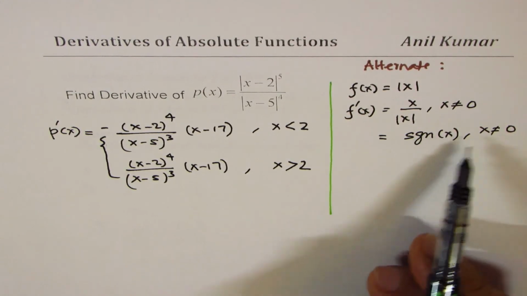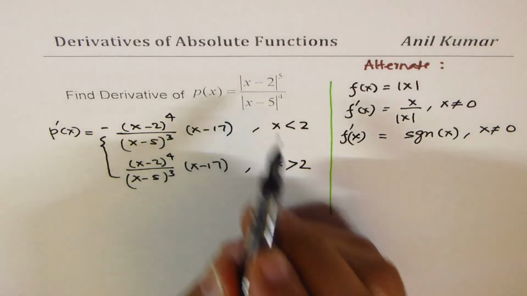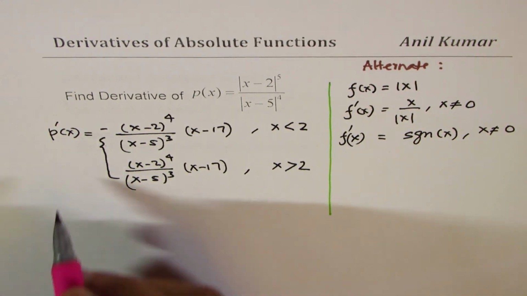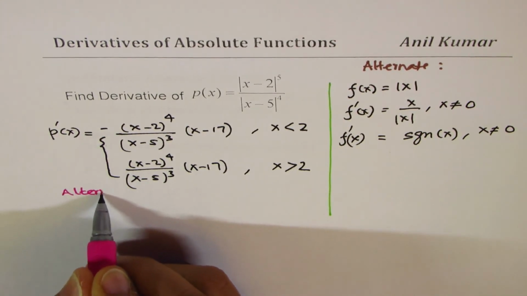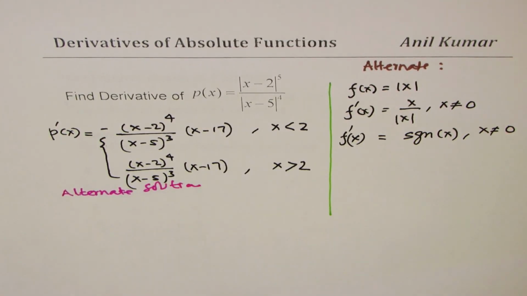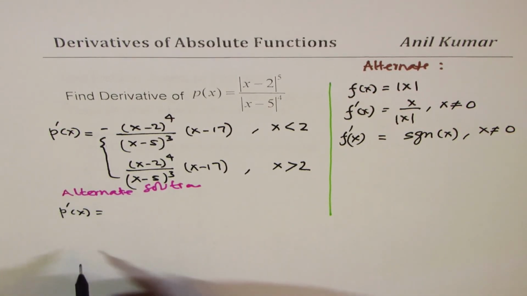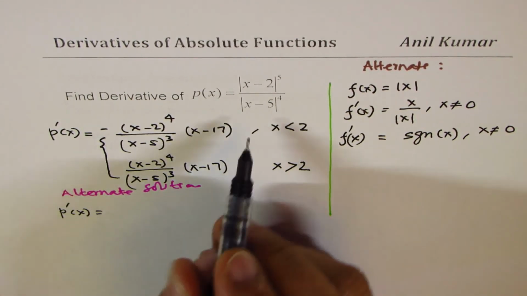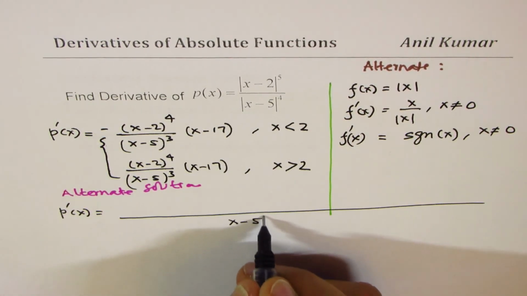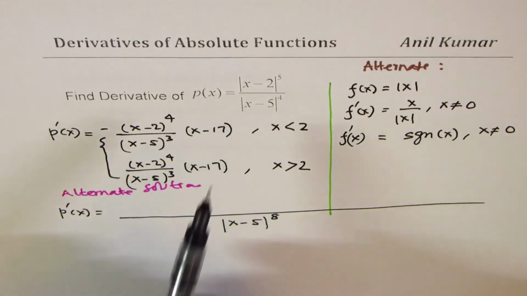So using this rule, we could find the derivative and write an alternate solution in terms of the signum function. We could write p dash x as equal to, so the denominator here is absolute value of x minus 5 to the power of 8. We are using the quotient rule.